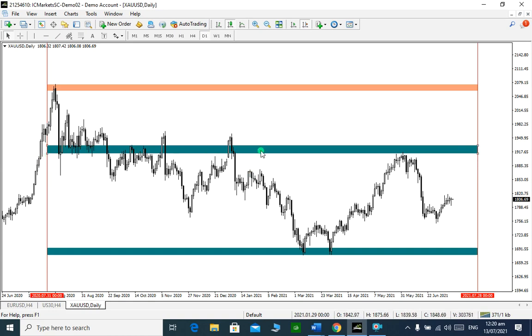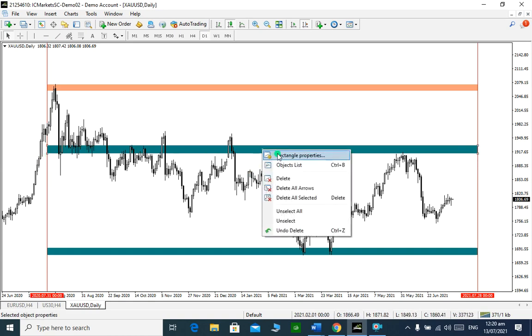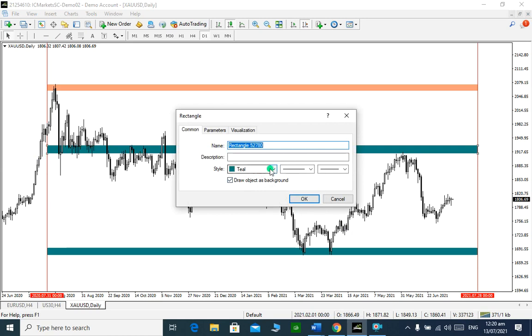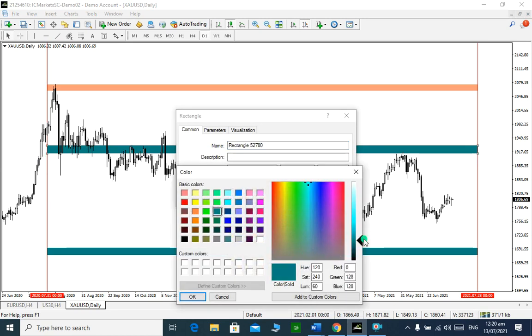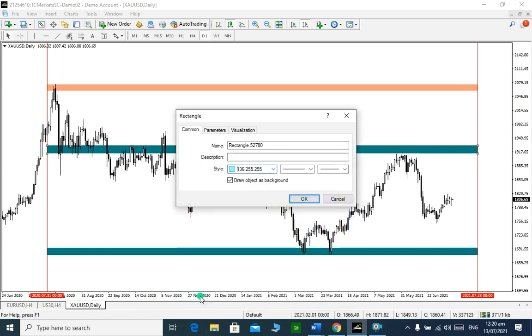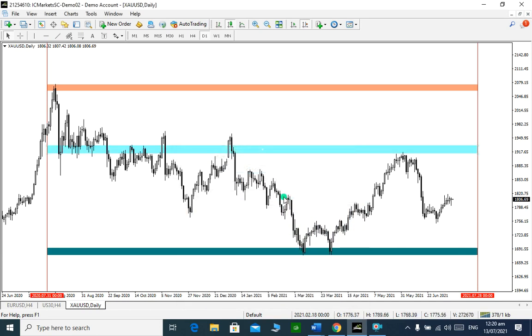We can reduce the opacity of this color to make it a lot lighter, take it to this region, make it lighter. Now you can see that we've marked out these 3 levels.